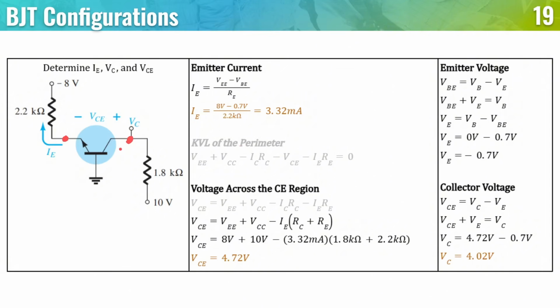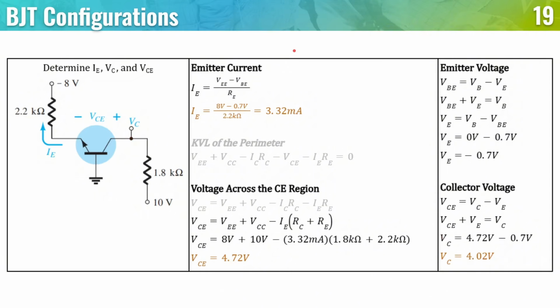And we already know this is negative 0.7. We can just substitute. So 4.72 plus negative 0.7 is going to equal 4.02.